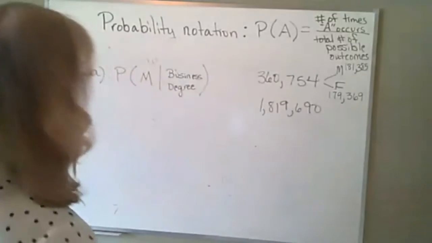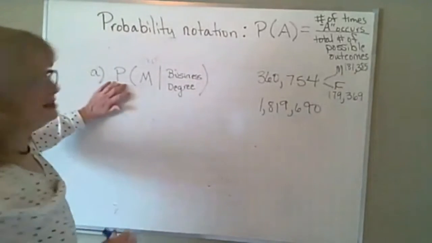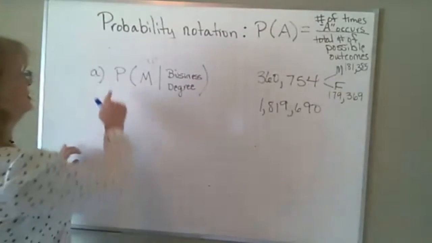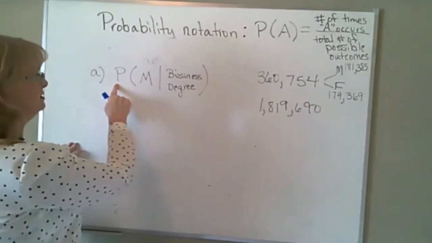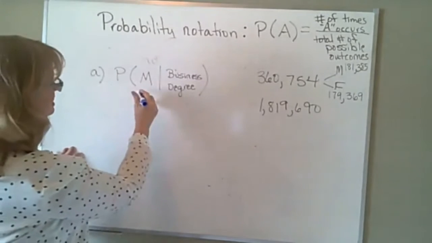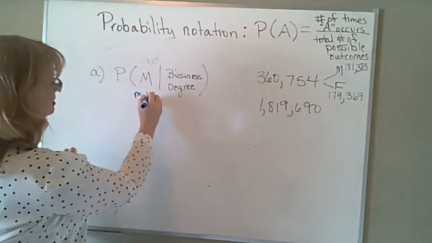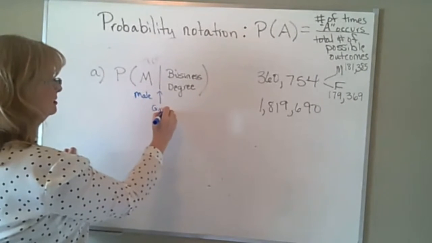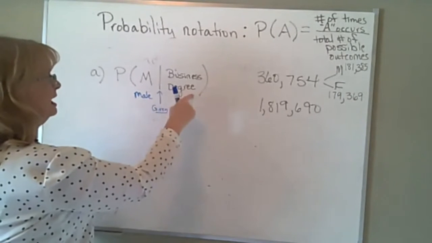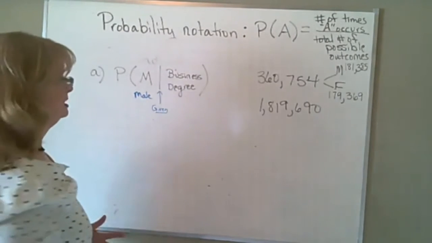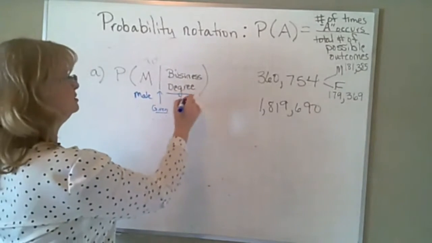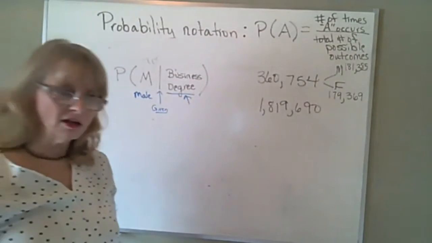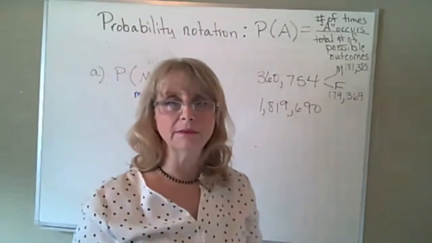Okay, so first, this is how I wrote the probability for this question. This is the probability that a randomly selected person is male given that it's someone with a business degree. So this here, that's your condition. That means that has narrowed the sample space.